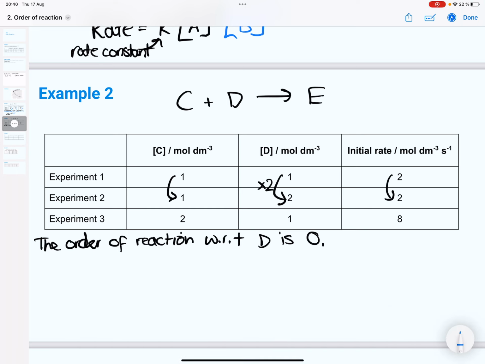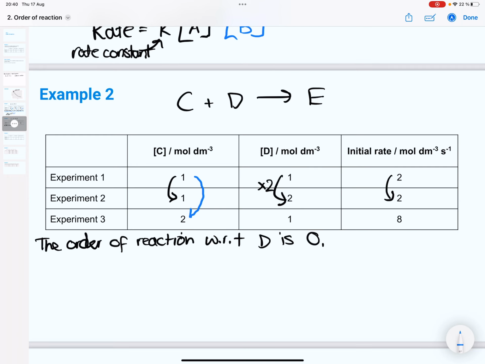Okay, let's compare experiment 1 to 3. C this time has increased by a factor of 2, and D has not increased. And this time, the initial rate has actually increased by a factor of 4.